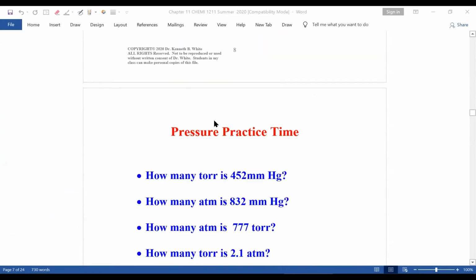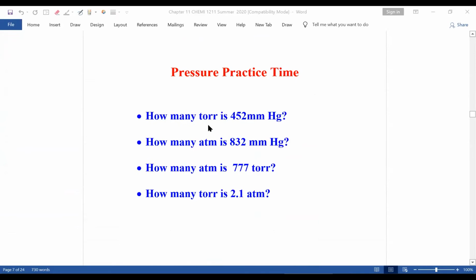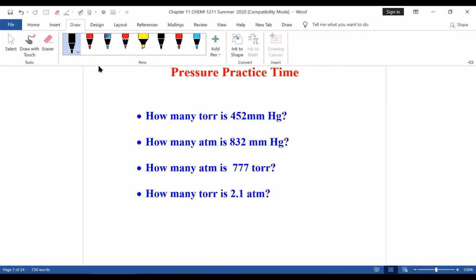And now let's have some practice. How many torr is 452 millimeters of mercury? So what are we trying to find?